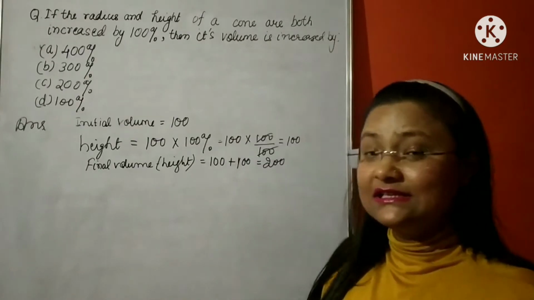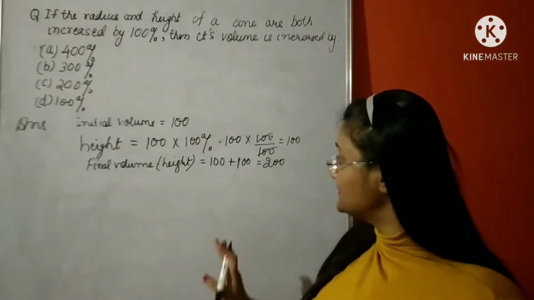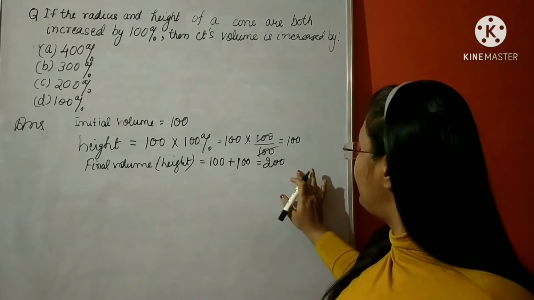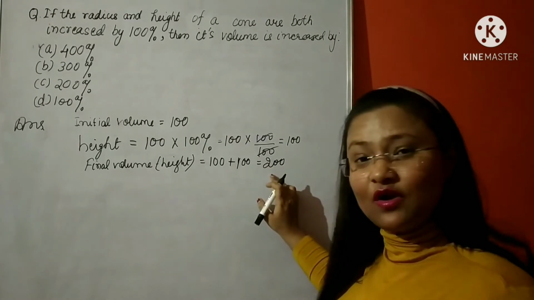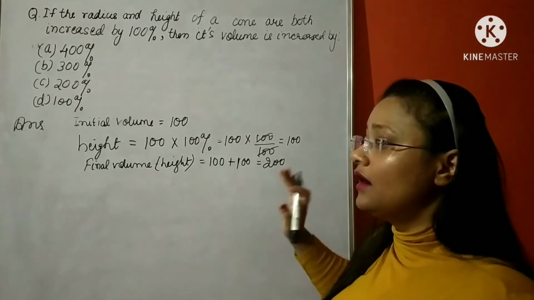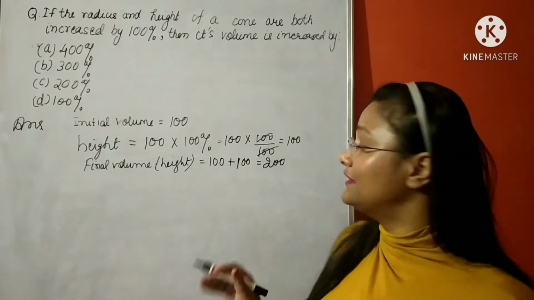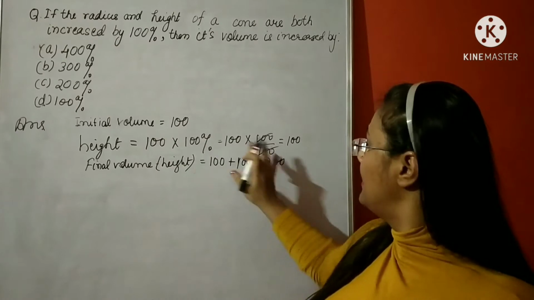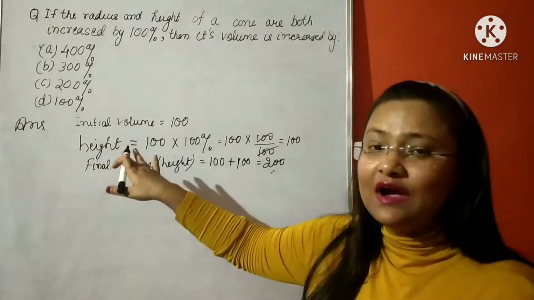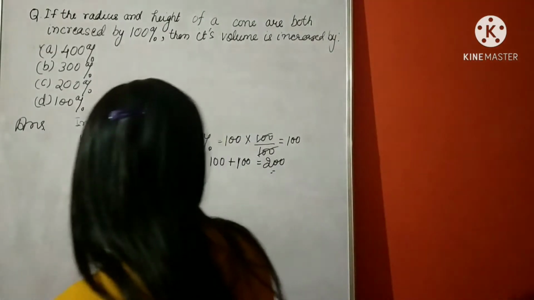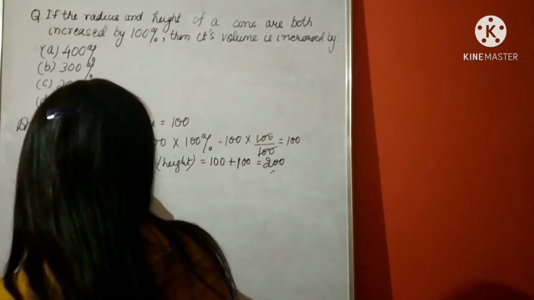Now we will consider radius. Now the volume on which we will calculate the 100% increase in radius will be 200, not 100, because we will have to add for height. So let us do it for radius.